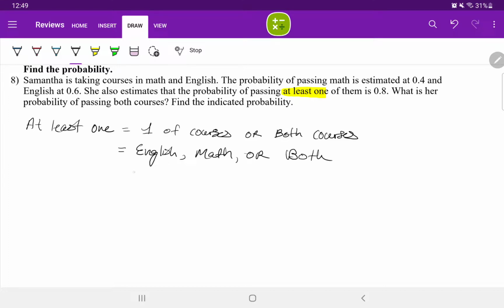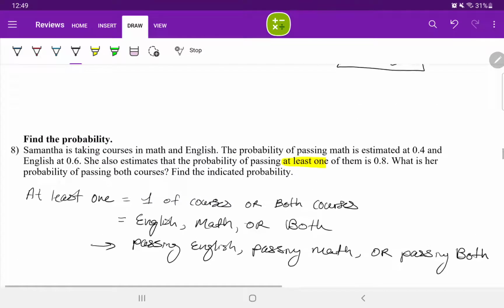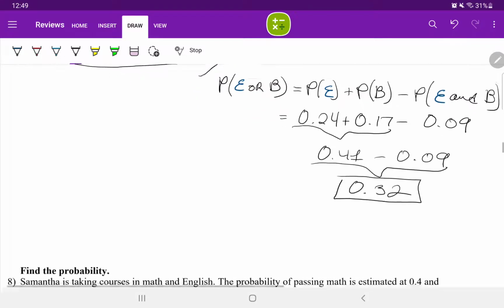So that's passing English, passing math, or passing both. This should look familiar to what we did in question number 7. Which means I'm going to use the addition rule once again.